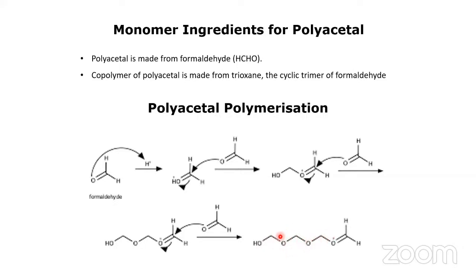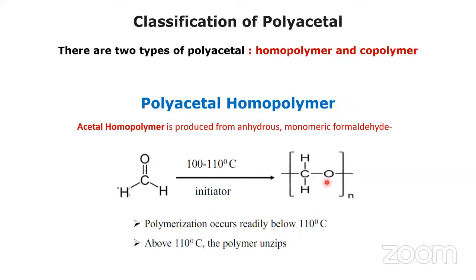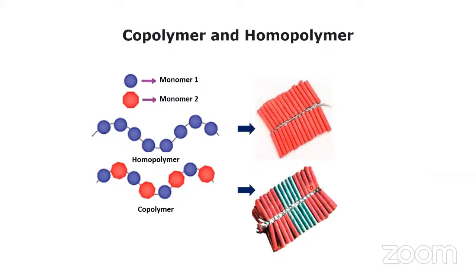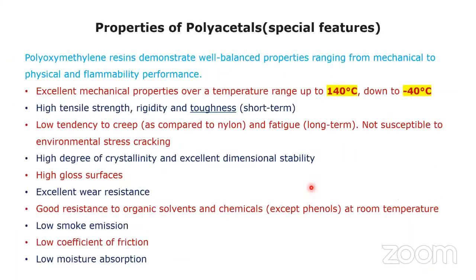This is nothing but the repeating unit of your polyacetal. See, here I have mentioned the repeating unit of polyacetal. So are all of you clear about the polyacetal part now?